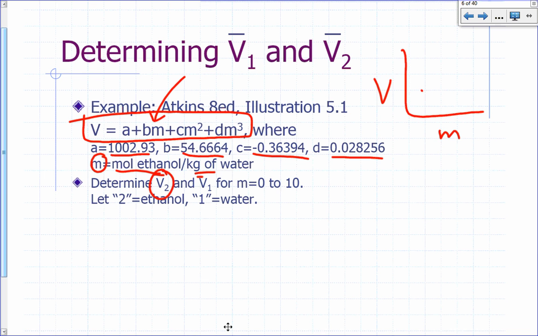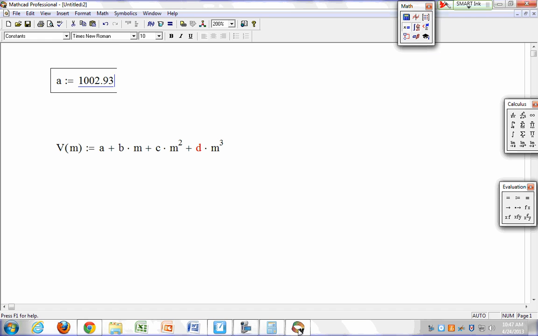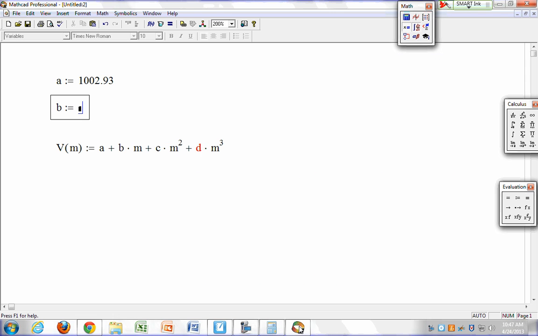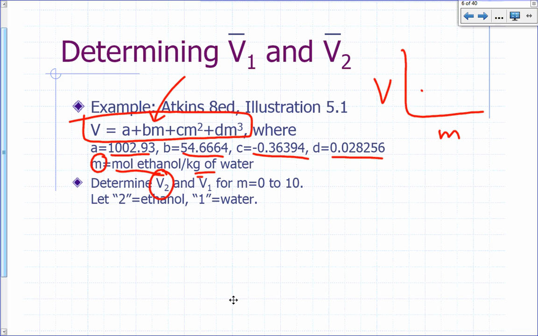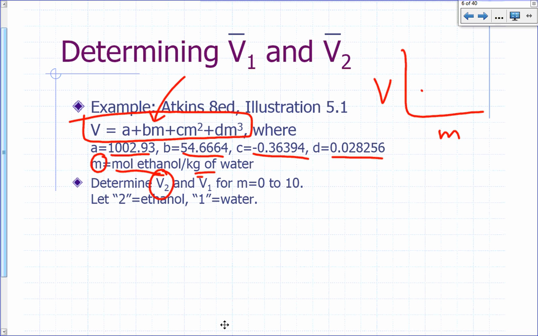A is 1002.93, and B is 54.6664. Okay, and C is negative 0.36394, and D is 0.028256.